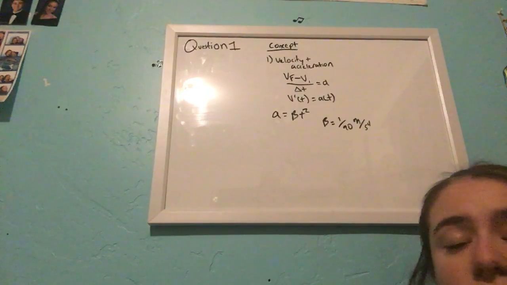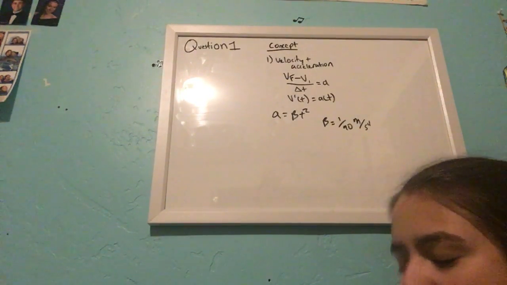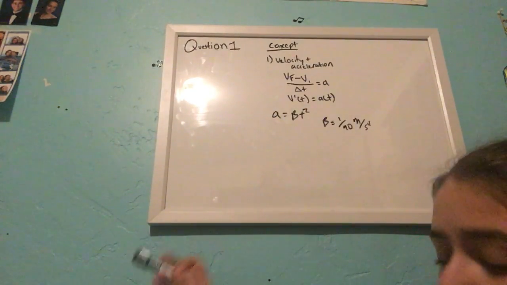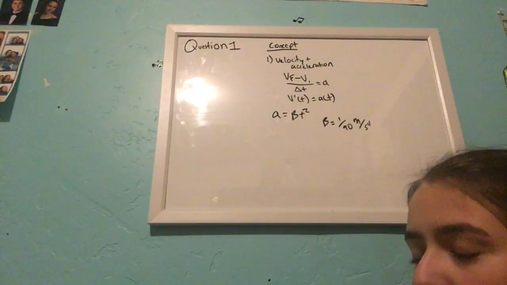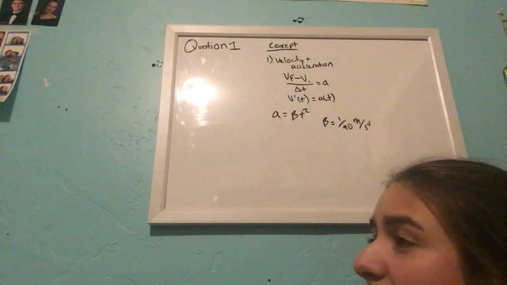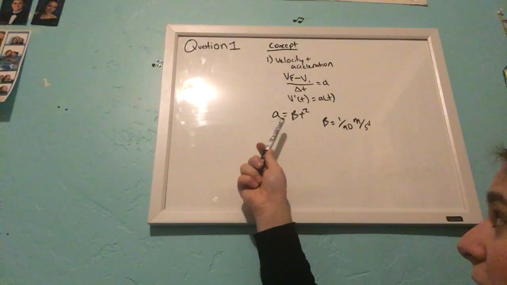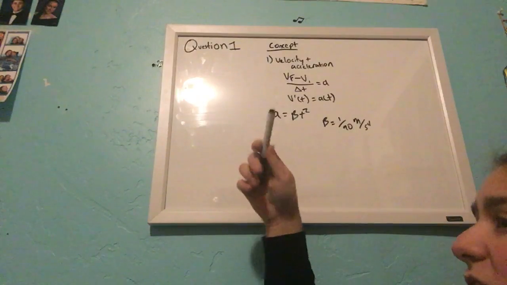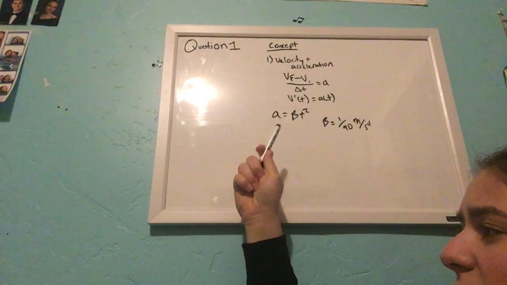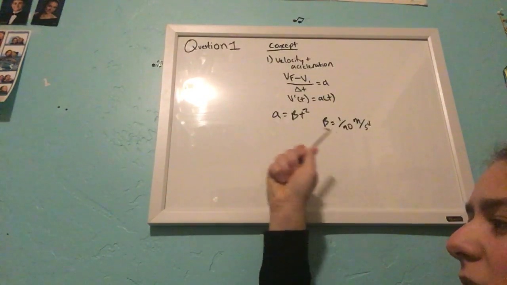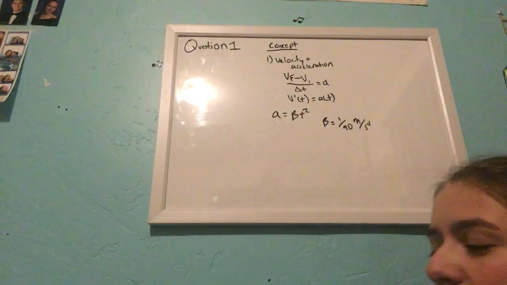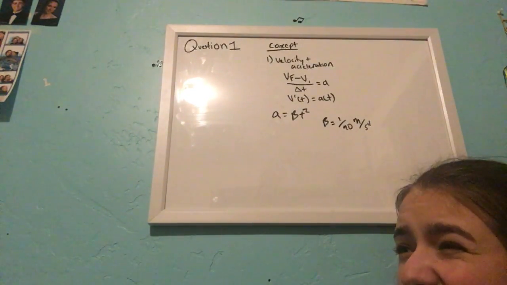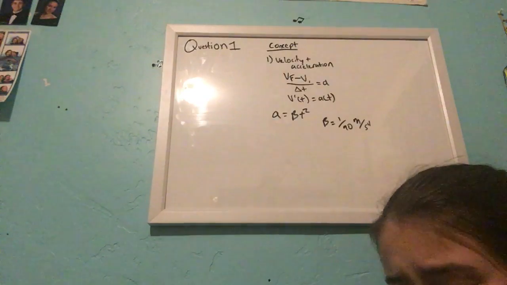To first do this question, as you can see, they give us the equation for acceleration. However, it's asking for the plane's speed. So we first need to integrate the acceleration equation, take the antiderivative to get velocity, and see what the plane's speed is at t equals 30 seconds.